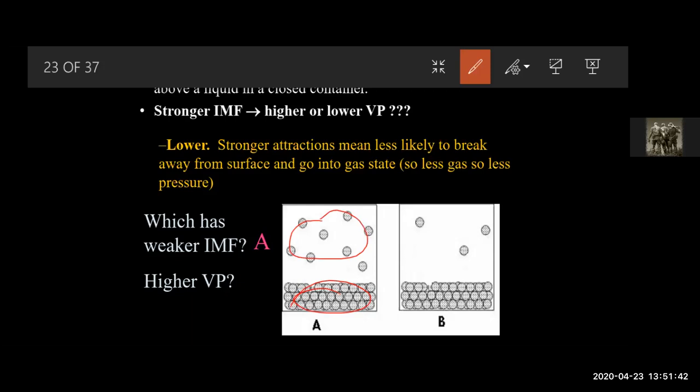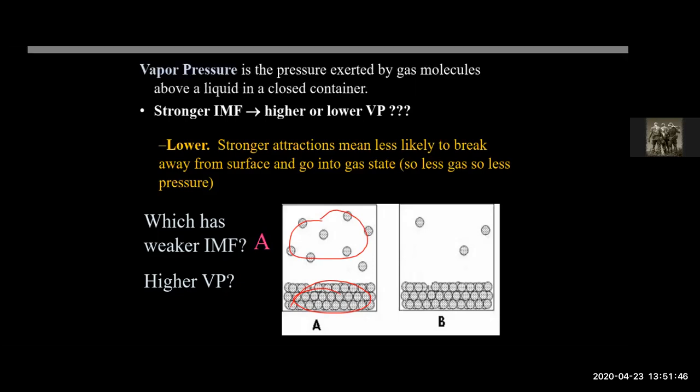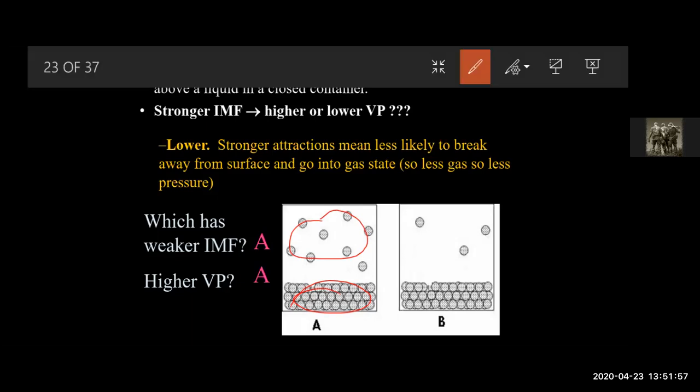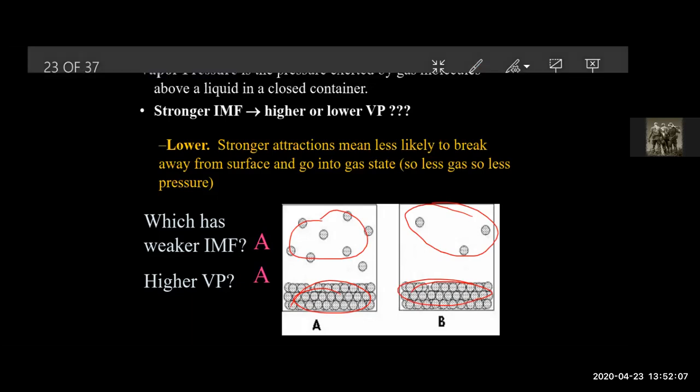Therefore, it would have a higher vapor pressure, because there are more gas molecules in the gas phase. On the right, the fact that there are fewer molecules in the gas phase tells us that these interactions, compared to A, are much stronger, and fewer molecules go into the gas phase.